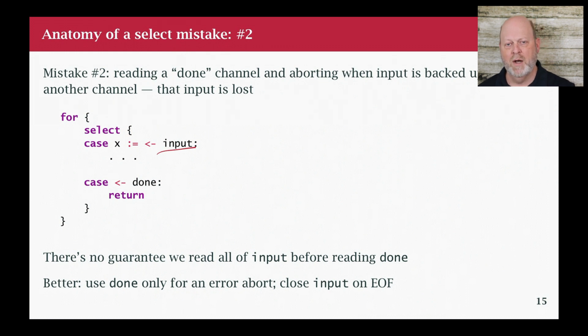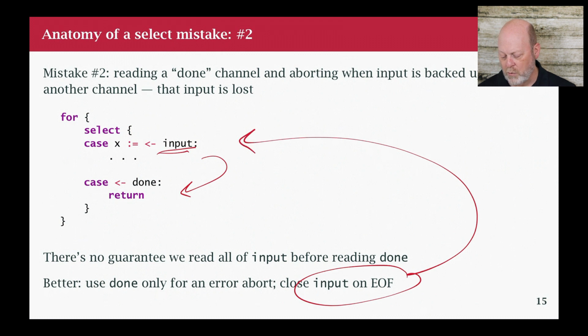And this model is awfully simplistic for that, because what it says is if I can't read the input, then there's a possibility we can just stop. And if what I want to do is just deal with the fact that I'm running out of input, then what I should do is probably just arrange to close it. But then I'll need some other logic.